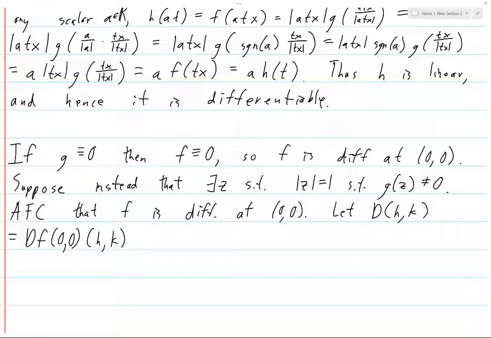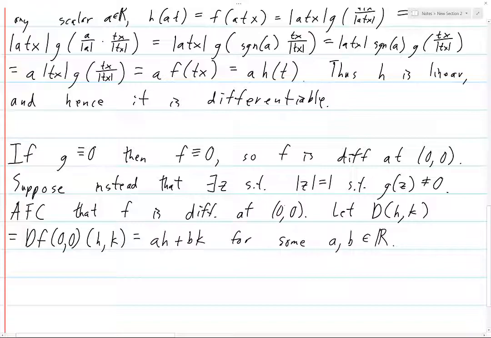So what is this going to be? This is going to be the derivative at (0,0). Now, we know that derivatives are always going to be linear functions. So what we can do, at least for the time being, is write this as ah plus bk, for some constants a and b in R to be determined.